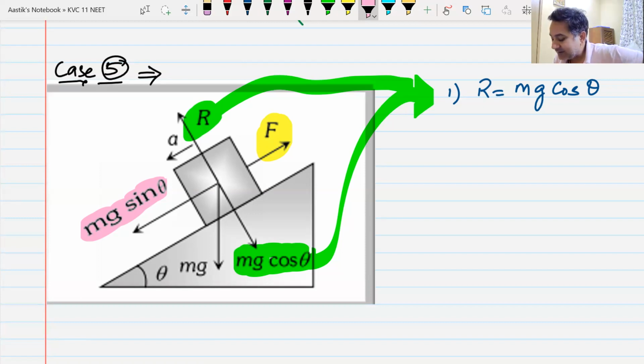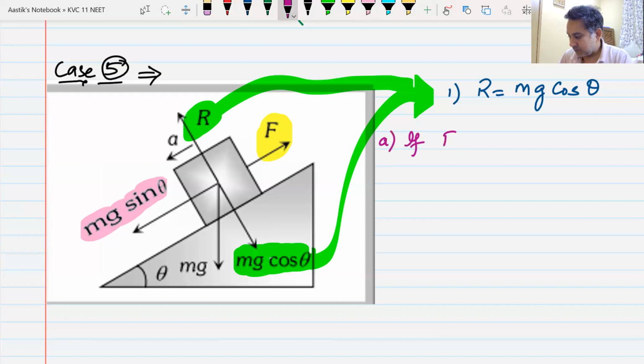What are the three cases that are possible here? Can anyone tell me the three cases? Case number one.